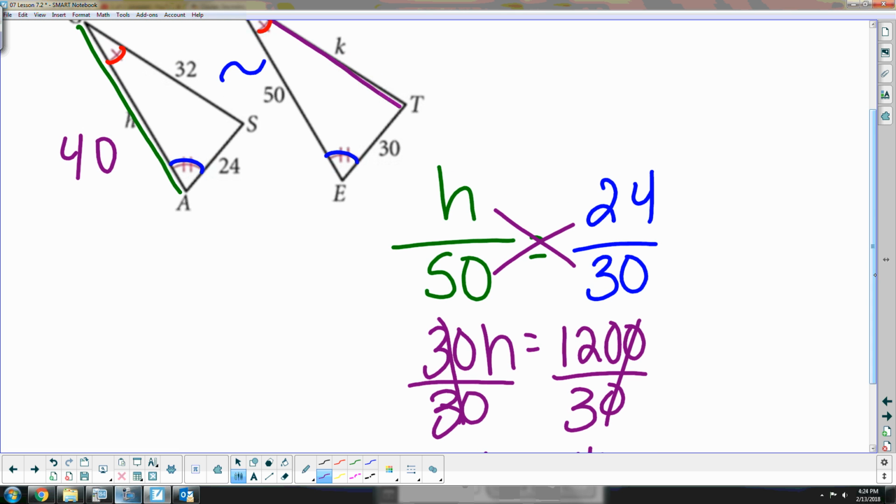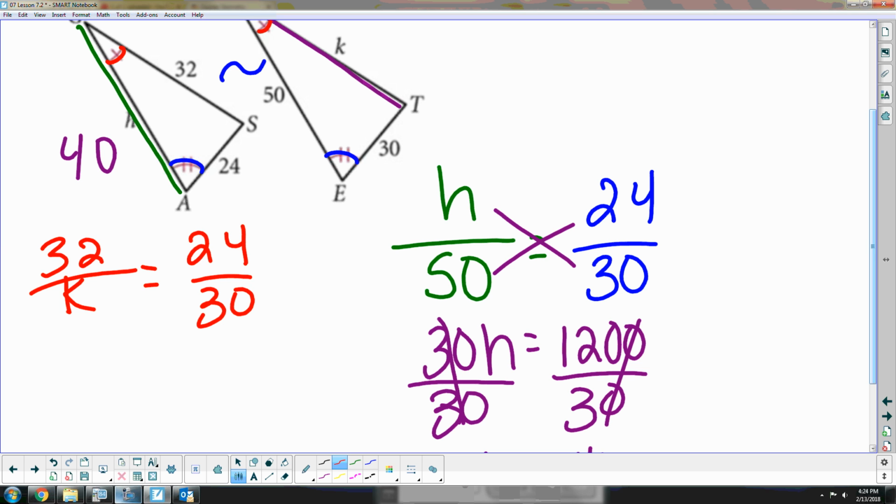And then the second problem is to solve for K. So we can do this the same way. So K, well, we'll do the left triangle first. So 32 to K is equivalent to 24 to 30. Again, we're going to cross multiply. So we get 24K is equal to 960.